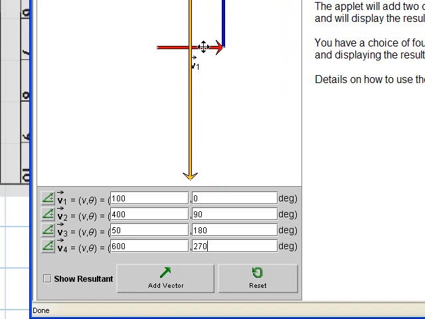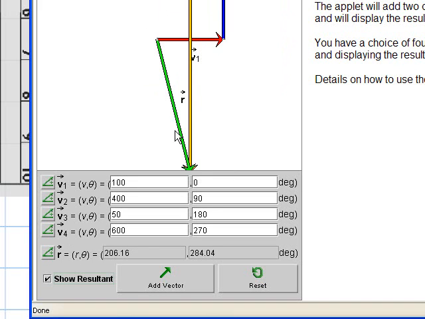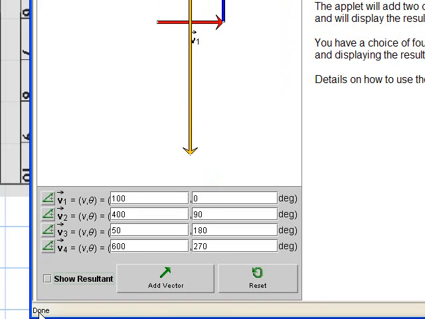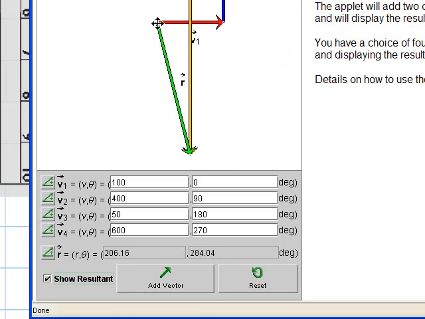And then, as shown earlier, the net force is from the tail of the first one to the tip of the last one, and this number here we had just calculated. So that would actually read 2061 newtons.